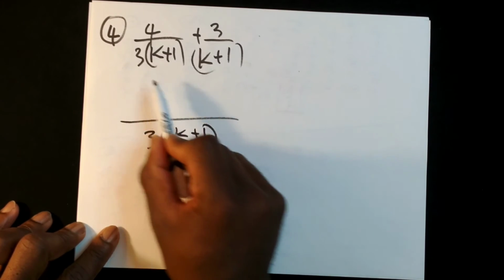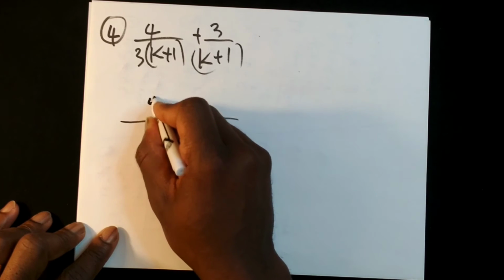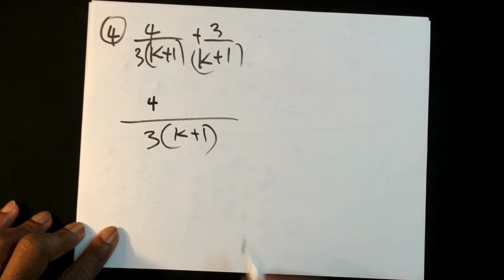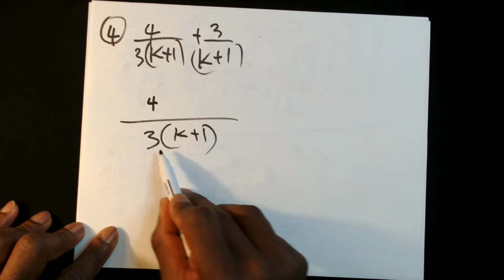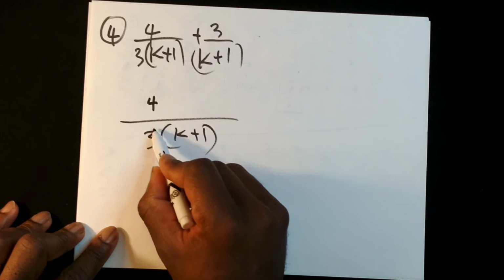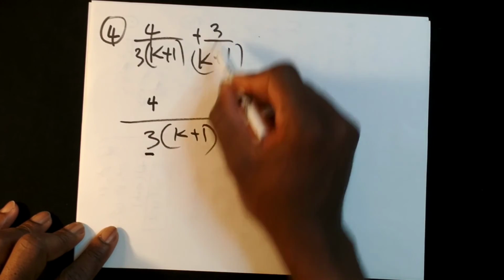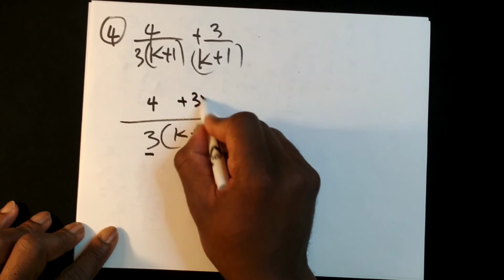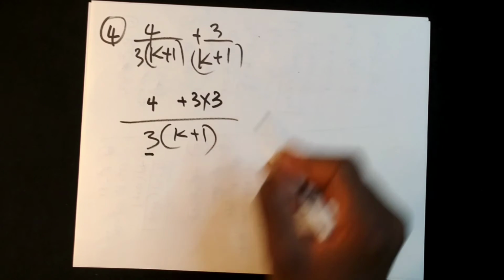So here we have 3 times (k plus 1) already, so we keep the 4. Over here, the only thing missing from this denominator to match this one is the 3. So we multiply that 3 by the 3 that we have in the numerator, so 3 times 3.